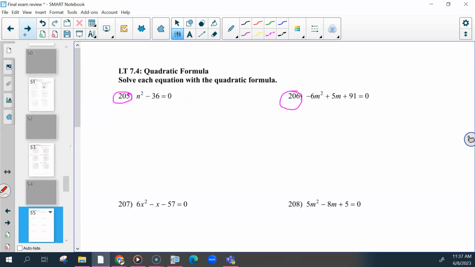Okay, and then the last section in Unit 7, quadratic formula. Which of these do we want to see, go over, and have questions about? 211. Okay.